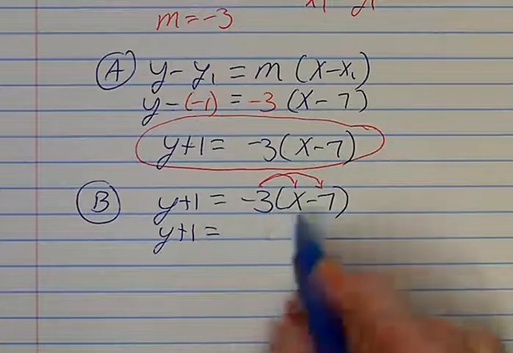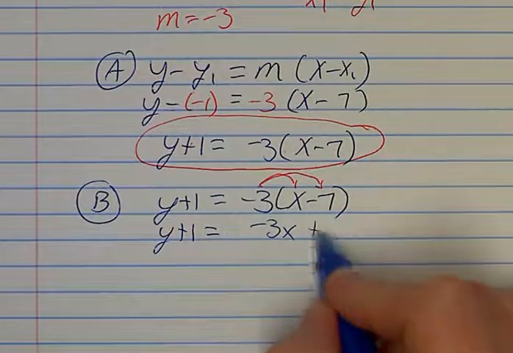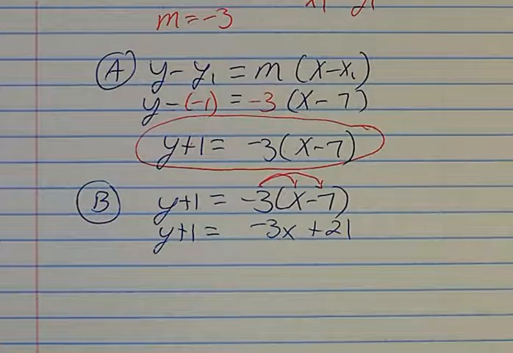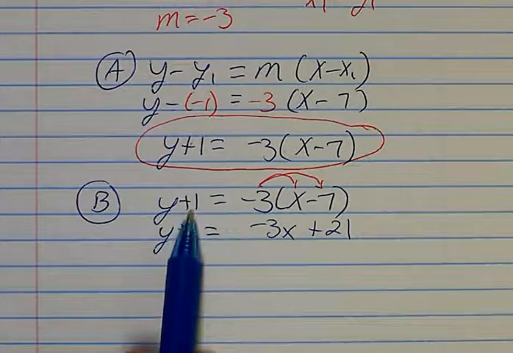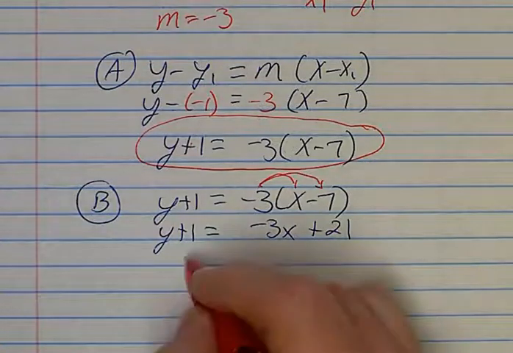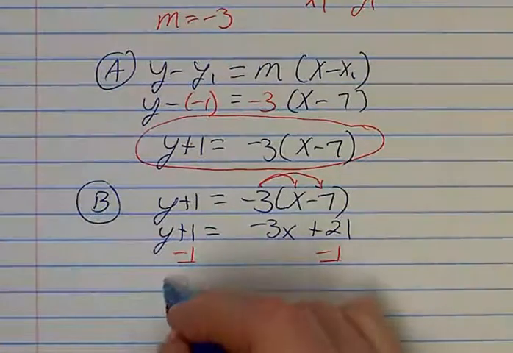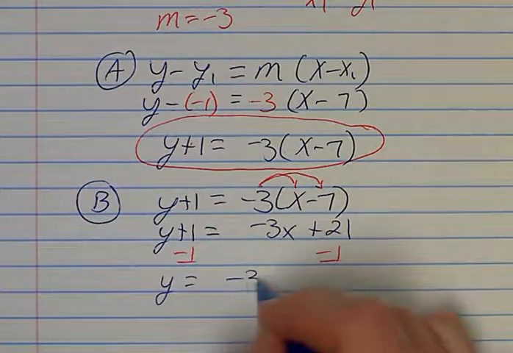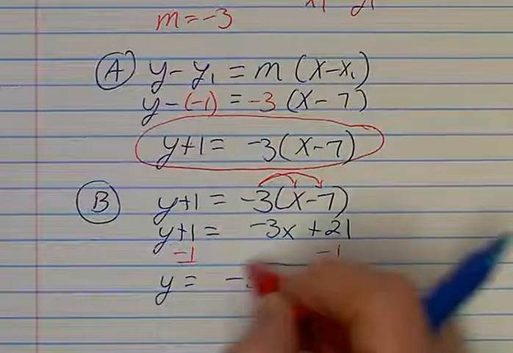So we've got -3 times x for -3x. -3 times -7, that's a positive, or plus 21. And then the only thing left to do to get y equals mx plus b form is to get rid of this plus 1 that's here. So then we're going to go -1 on both sides. And there's our part B answer.